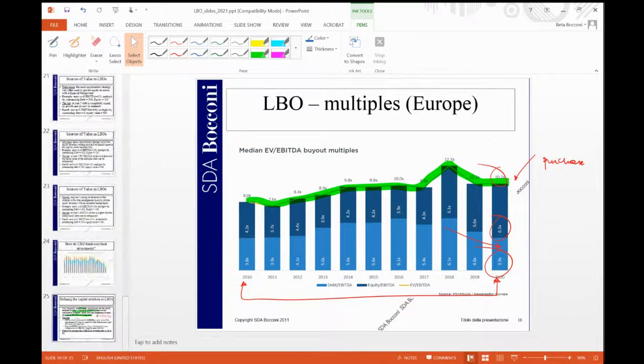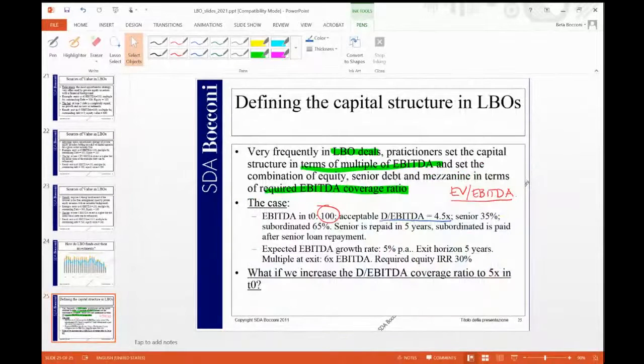So we go to creditors in order to get debt financing, and the acceptable debt over EBITDA for these creditors is 4.5 times. Of this 4.5 times, we assume that creditors are open to finance 35% with senior debt, and we have the possibility to mount also the subordinated debt of 65%.